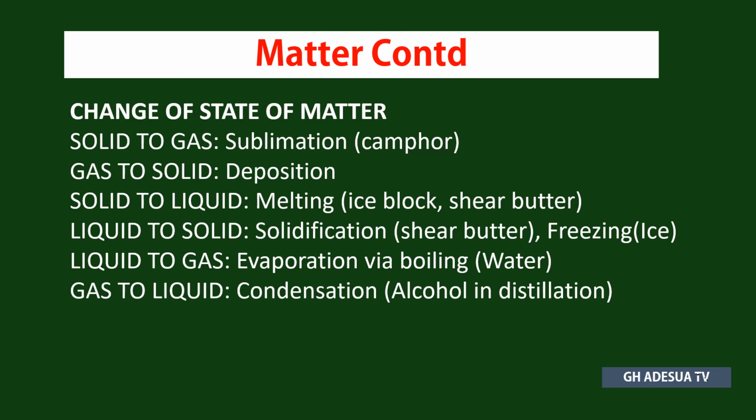It's a solid. Now when you put it there, it doesn't change to liquid before gas. Regularly, the state of matter should move from solid to liquid to gas. But for this naphthalene ball, it moves straight from solid to the gaseous state. So that process is called sublimation.